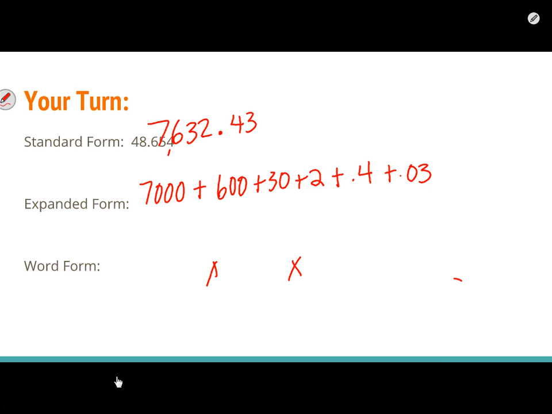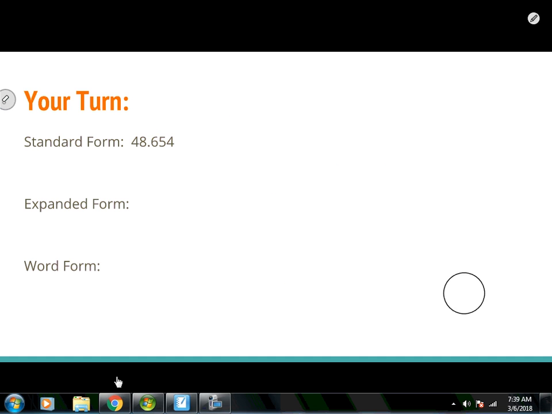Okay, one more. You've been given the standard form, and I'd like for you to write the expanded form and the word form. Pause the video and let's try that. Okay, let's see if we compare here. For expanded form, my 4 is in my tens spot, so 40 plus 8 plus 6 tenths plus 5 hundredths plus 4 thousandths.